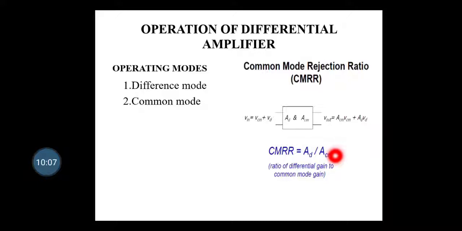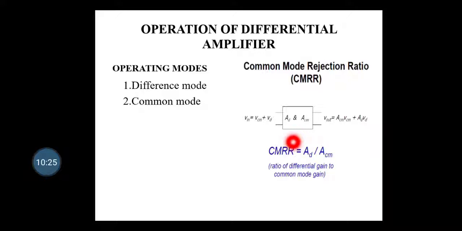Finally, the common mode rejection ratio is found. The common mode rejection ratio is nothing but the ratio of difference mode gain and common mode gain. From which we can analyze. So the CMRR range will be below 2.